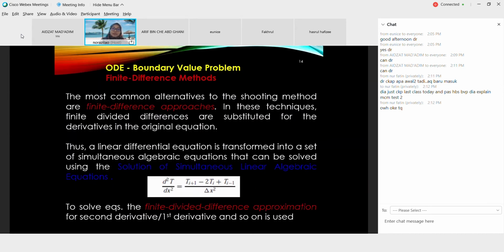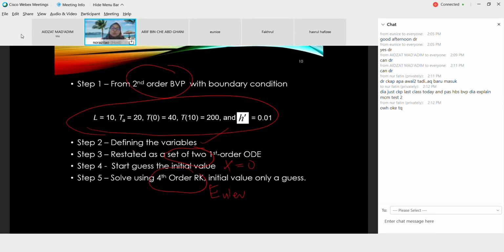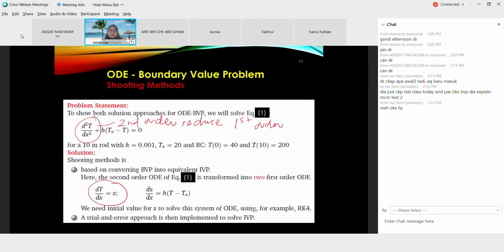Then define the variable and restate it as a set of 2 first order equations. So you must reduce. For the first order, you let dy over dx equal z. That is the first equation. And then for the second one, you differentiate this one to become the second equation. This is the second equation.